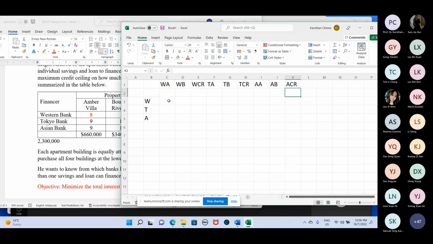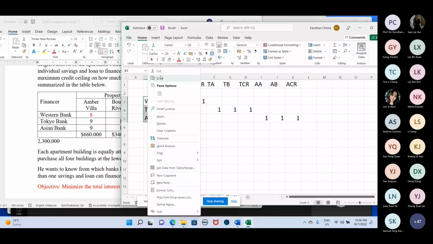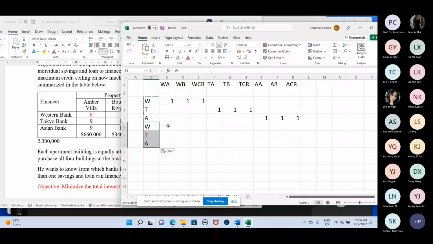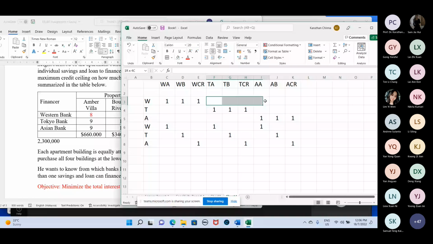So Western Bank, all this. And this WTA. The setup. Okay, I can put zeros here, it doesn't matter. Only put zeros.